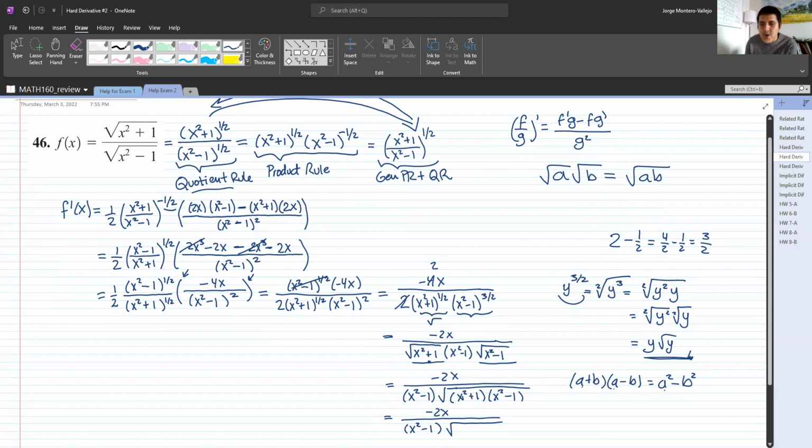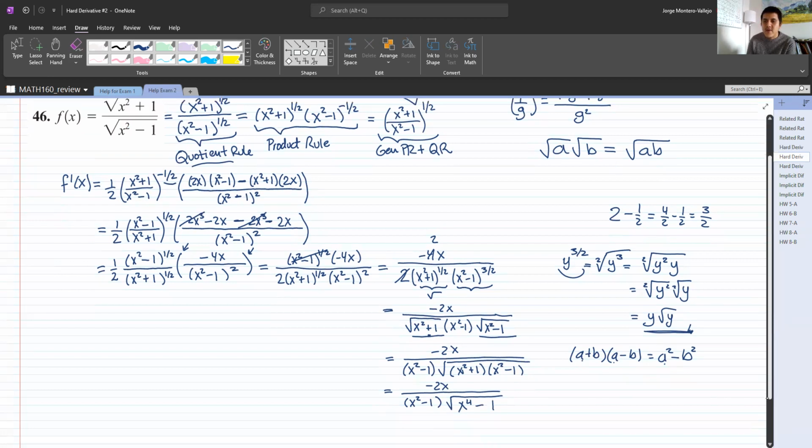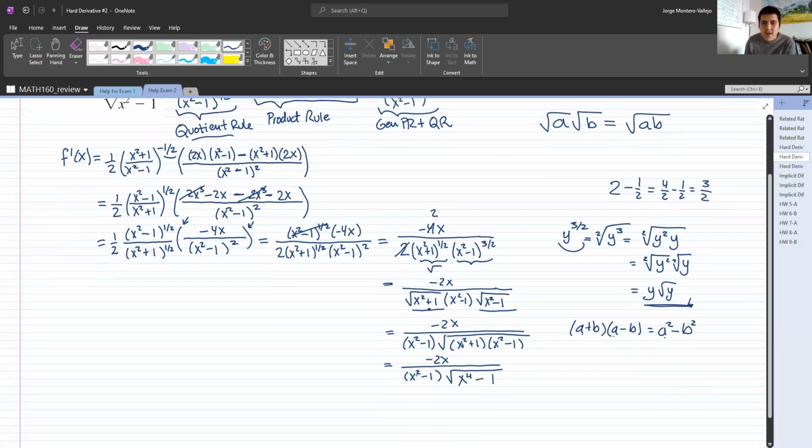And the result is a squared. So x squared is x to the 4th. And then minus b squared, our b here is 1. That would be minus 1. Right? And so that is our final answer here. Minus 2x divided by x squared minus 1, and then the square root of x to the 4th minus 1. That is our derivative.